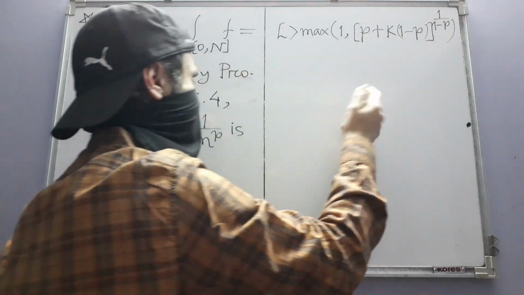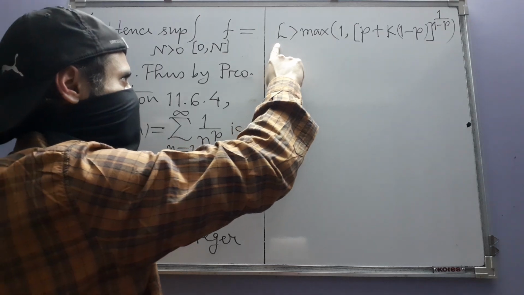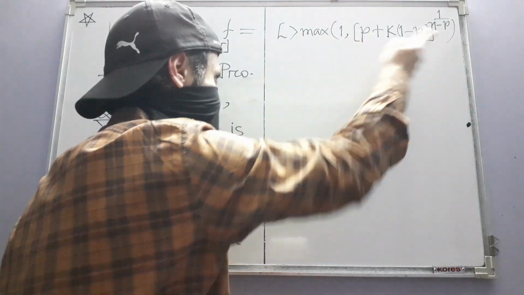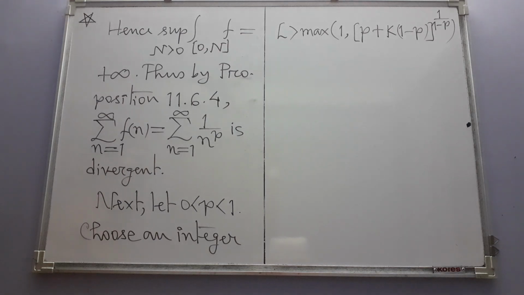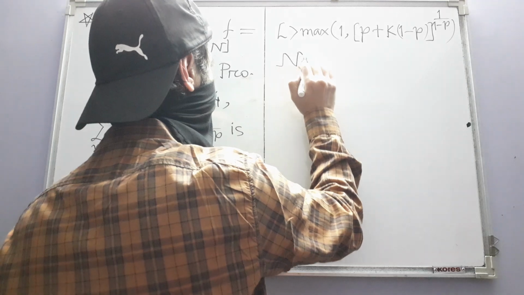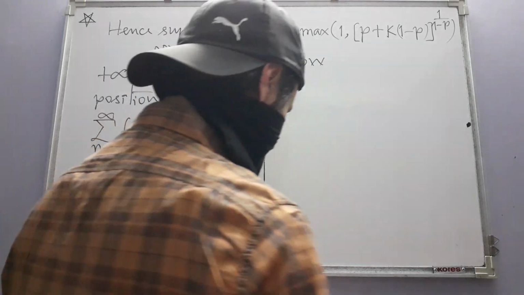1 of course is 1. So we are choosing L in such a way that L is a positive integer because of this and is greater than this real number. Okay. Now what? Now this is what we are going to calculate.